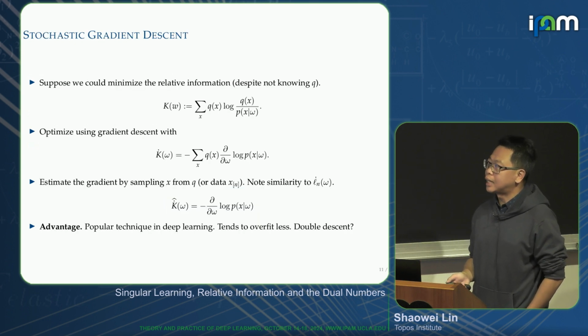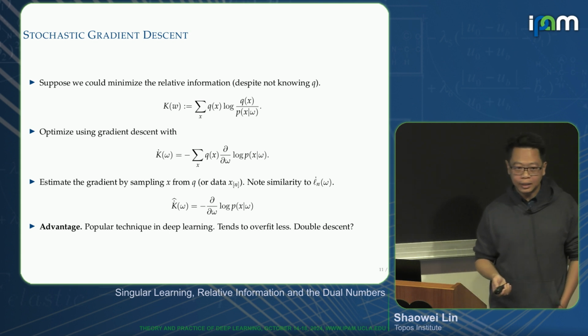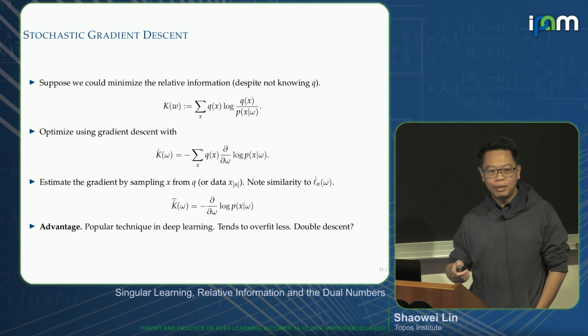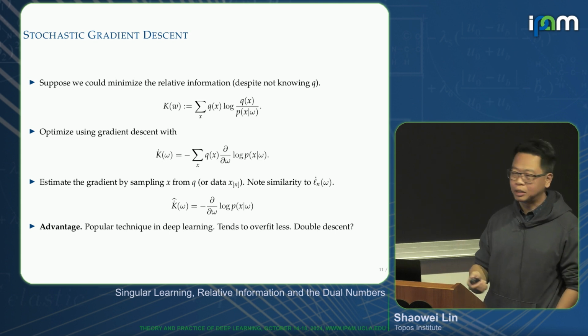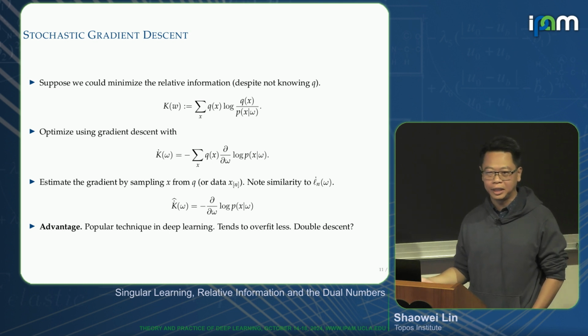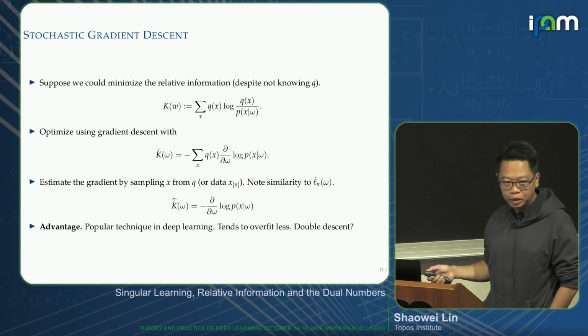What if, instead of using likelihood as the function you are trying to minimize, we just minimize relative information? Now, maybe you could argue that you can't use relative information as an objective function because we don't know what the true distribution is. If you knew what Q is, then you wouldn't have to do machine learning. But despite not knowing Q, let's just push ahead and see what we can do if this was indeed our objective function.